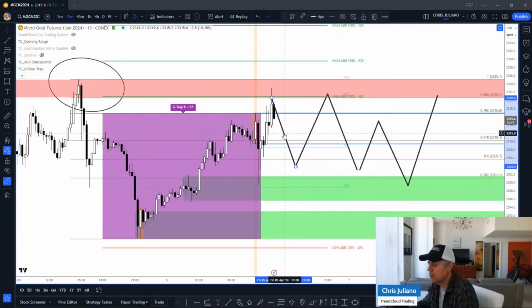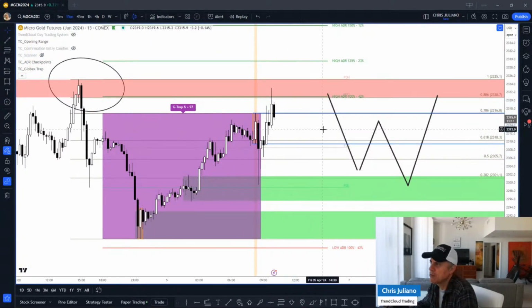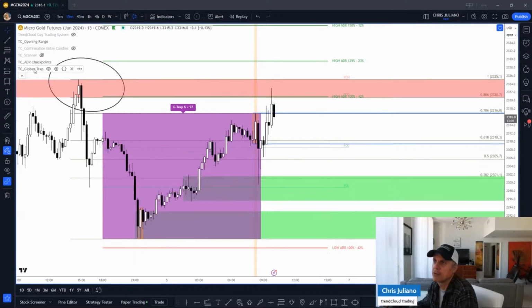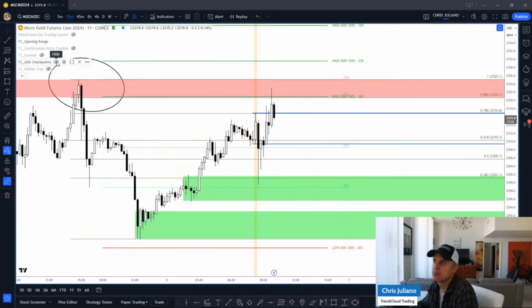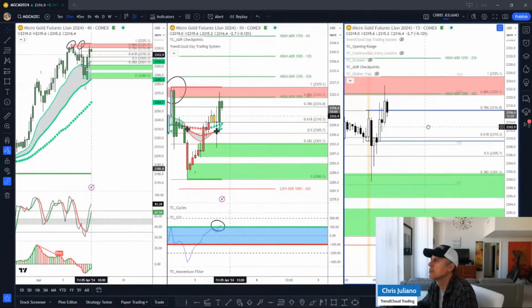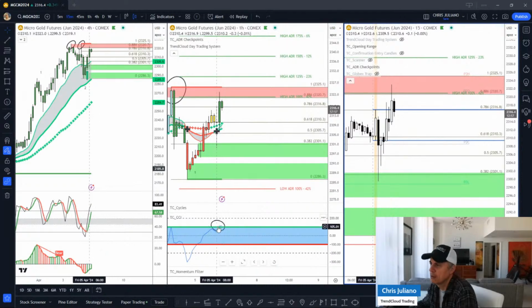But now we know that gold is on our radar. Gold is on our radar to start looking for some really nice demand zones, right? It's on our radar. Okay, it made it.